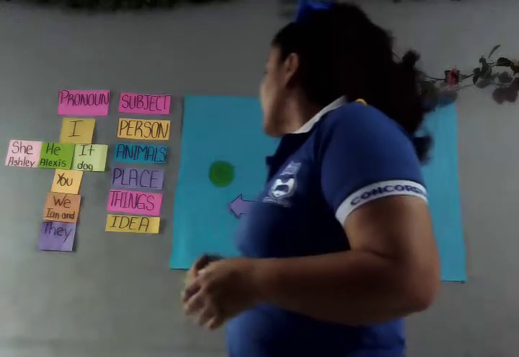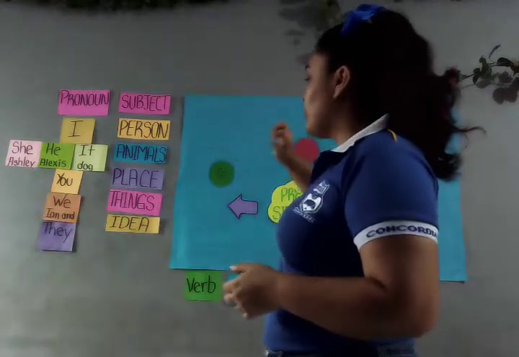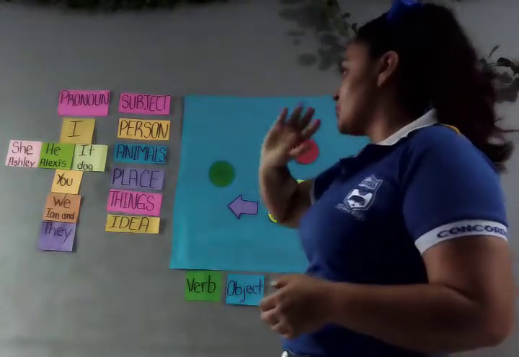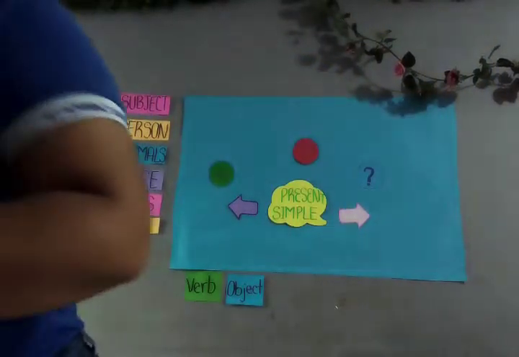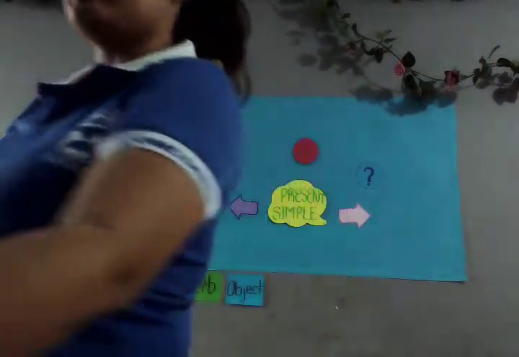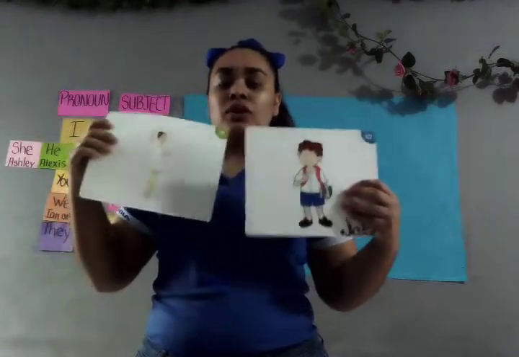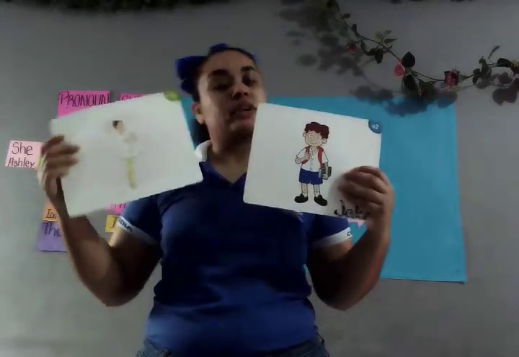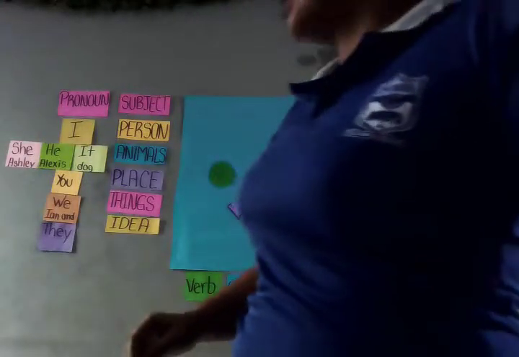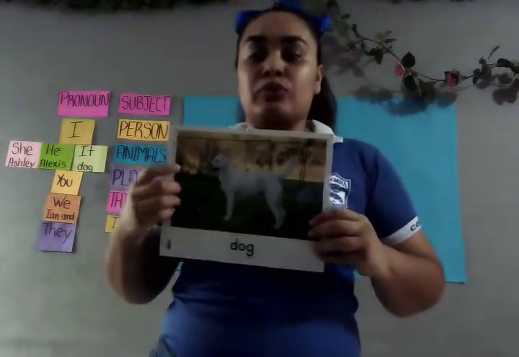And remember that the subject, we can divide it into five sections, which are: the first one is going to be person. For person, we can talk about all kinds of persons: girls, boys, mom, dad, and all that. The second one is animals.